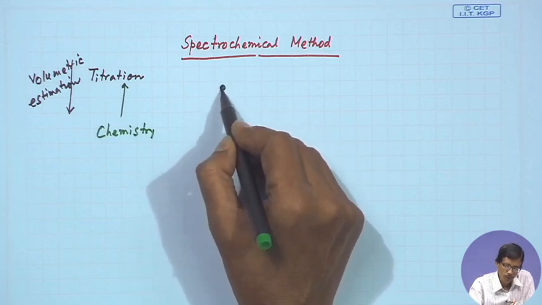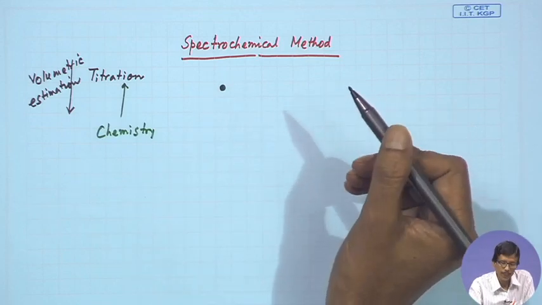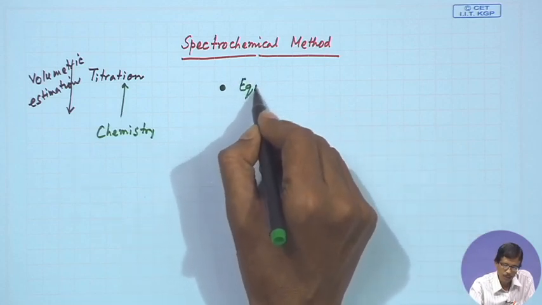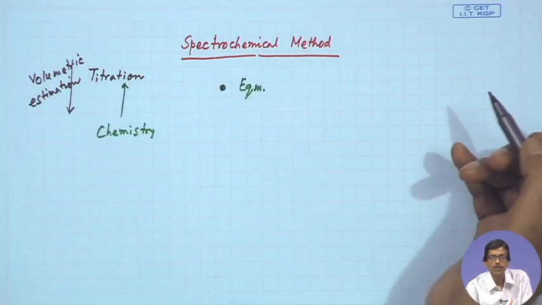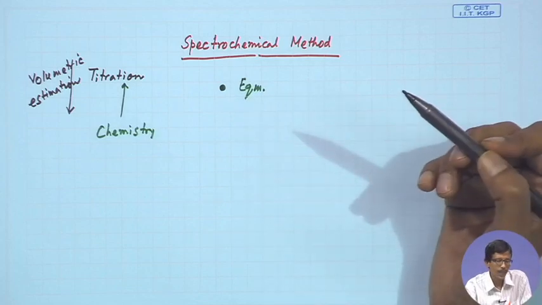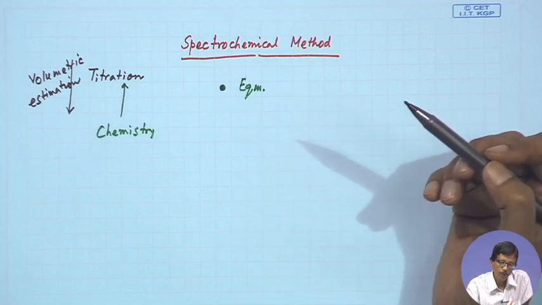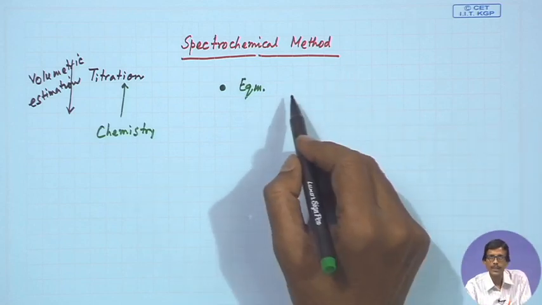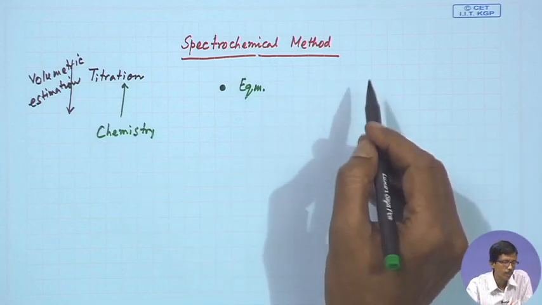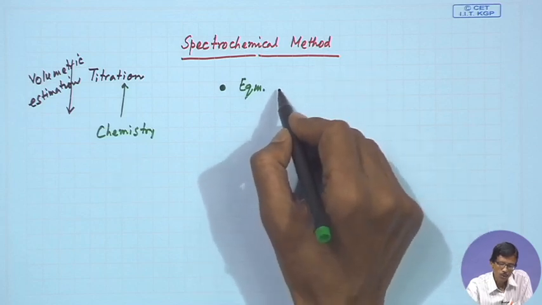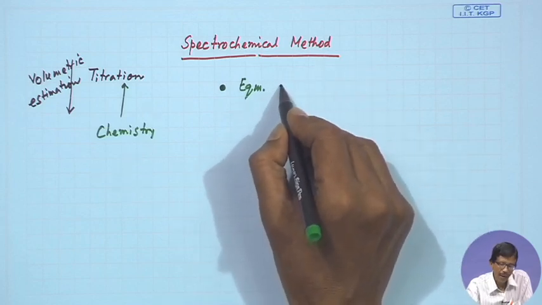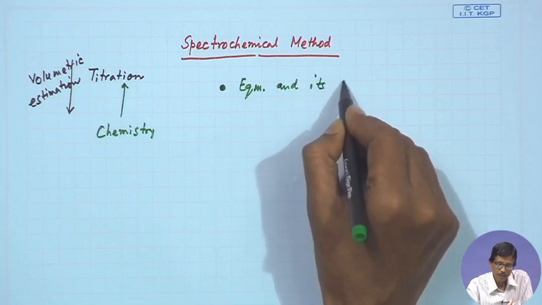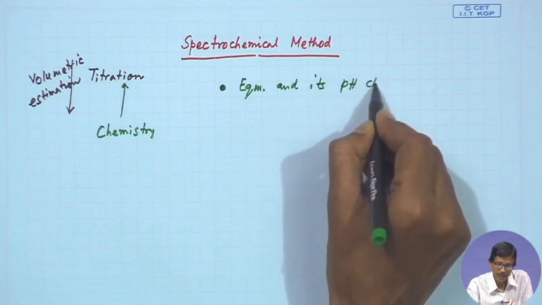What we can follow so far, what we are discussing is the corresponding equilibrium process. So, this particular equilibrium will also be there, and that equilibrium process, when we talk in terms of the corresponding acid base reaction or the hydrolysis of any other salt, we should consider the equilibrium and its pH changes.